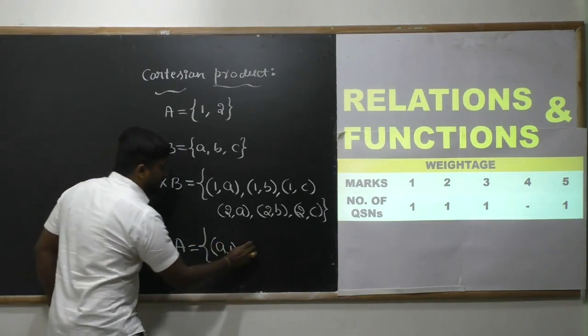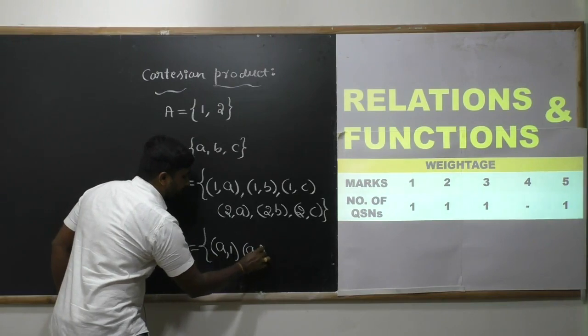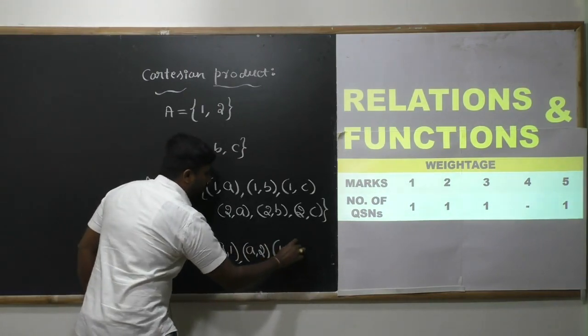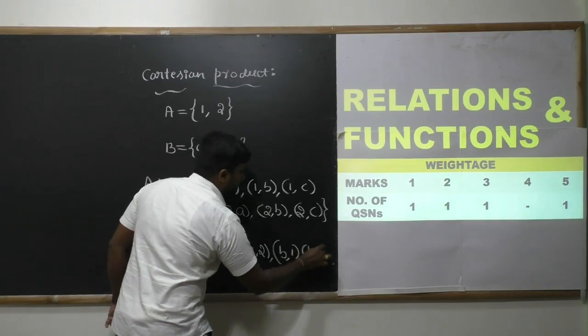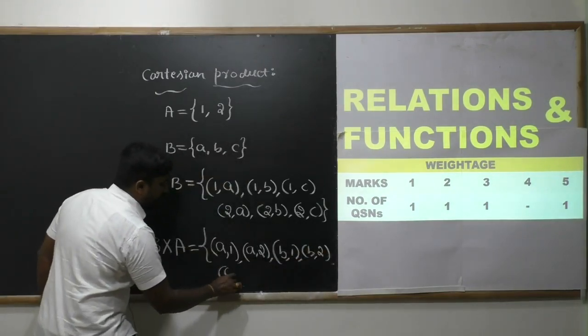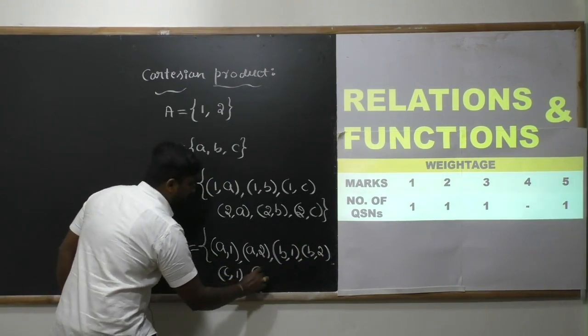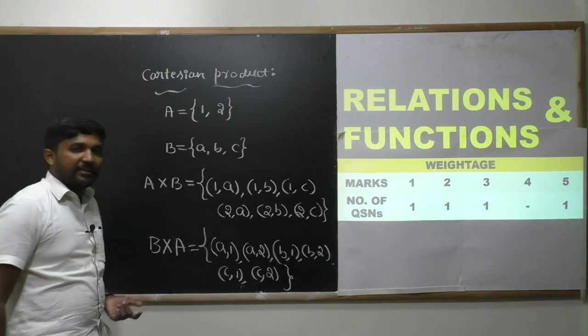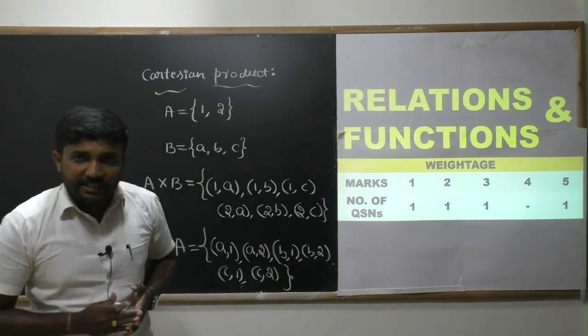Next, ordered pair a, 2. Next, third element ordered pair b, 1. Next, b, 2. Next, fifth one ordered pair c, 1. Ordered pair c, 2. These are the elements of the set B cross A.